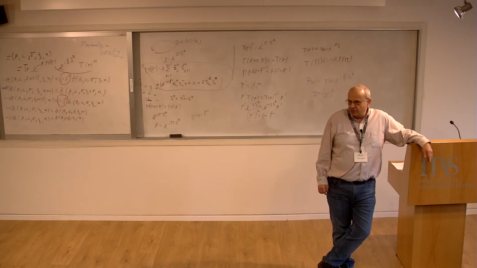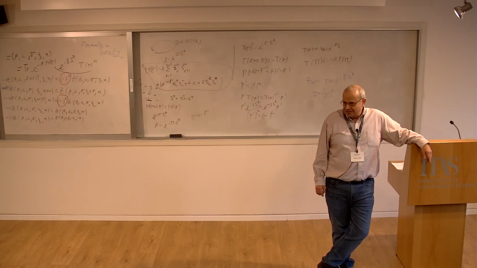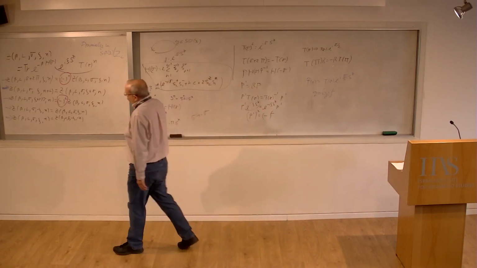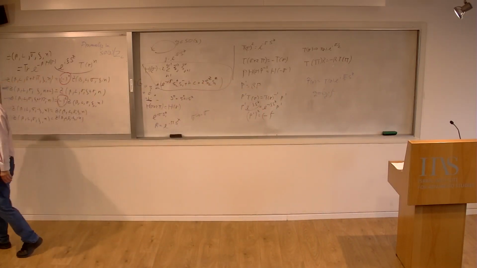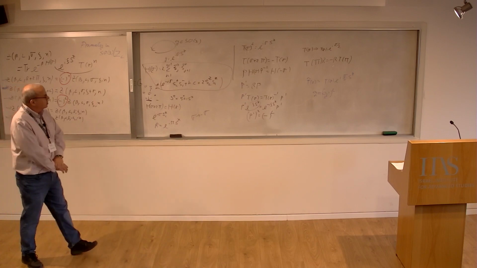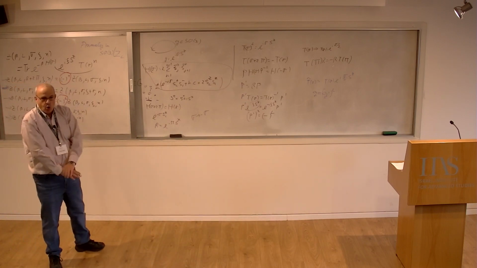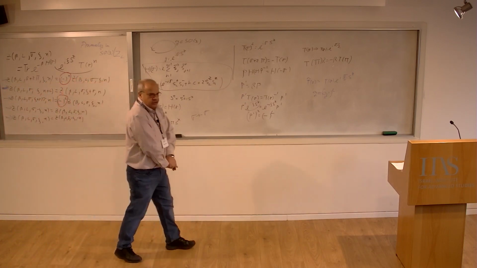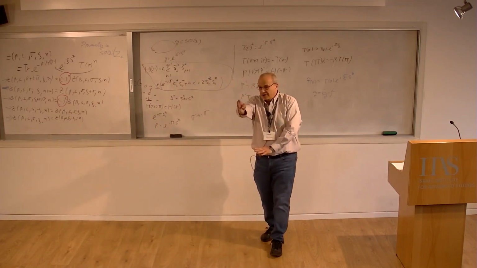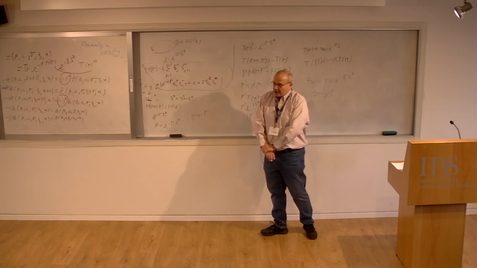This is the statement of LSM, which was sometime in the 60s, that in this system, based on general considerations, which in hindsight can be mapped to what I said here, the system either is gapless at low energies, or there's spontaneous symmetry breaking. And now we can change the Hamiltonian, and we can flip the sign as you wanted and check what happens.